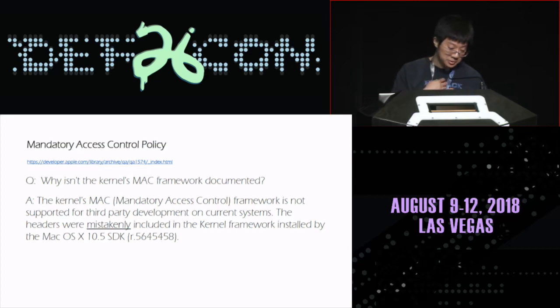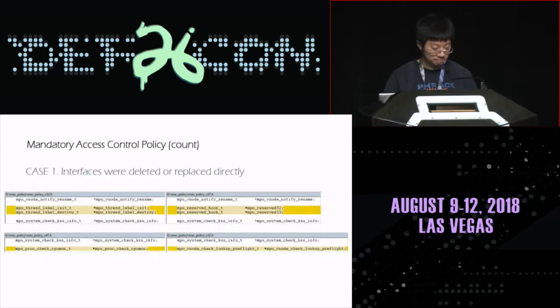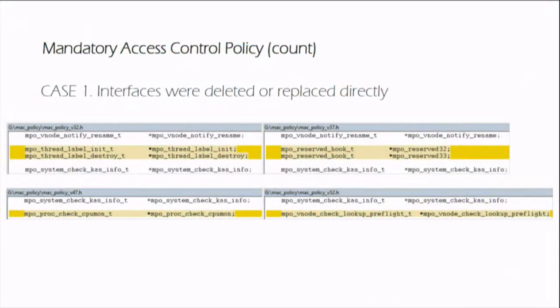If you really want to use the interface in the kernel, I think you will meet the following compatibility issues. I reviewed almost all the kernel open source code about Mac policy, and I found the following cases. Case one shows that the interface was deleted or replaced directly by the kernel.